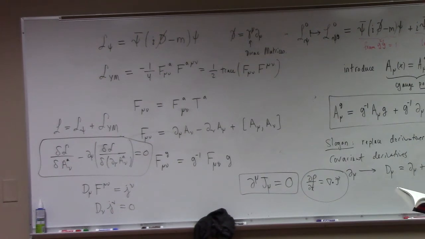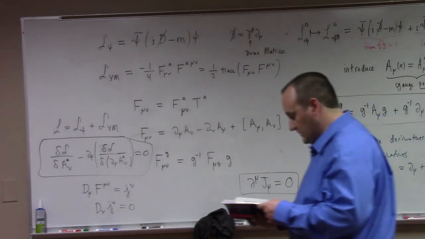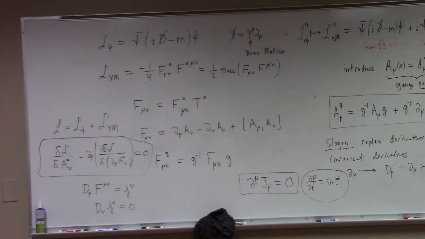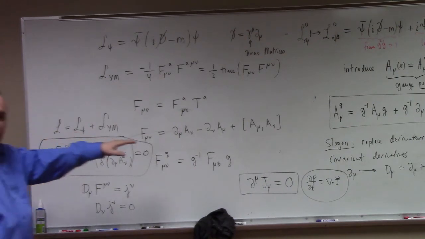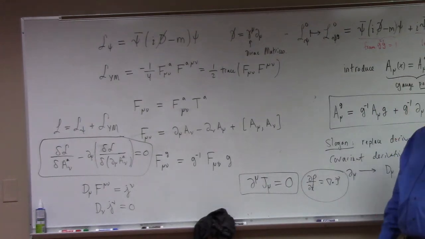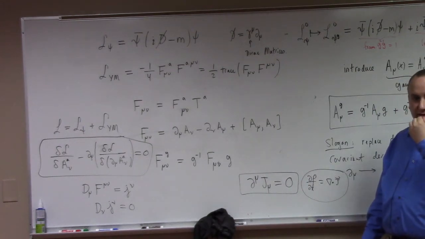So anyway, the Yang-Mills equations are different than Maxwell's equations because there's that extra term there, right? You see it? This piece right here means that the Yang-Mills equations are different than Maxwell's equations. There are extra things.